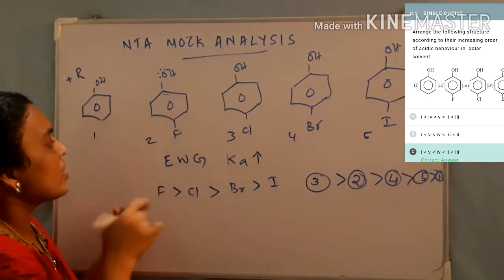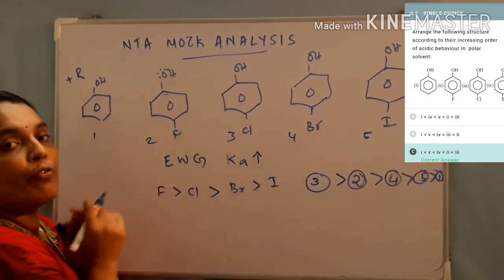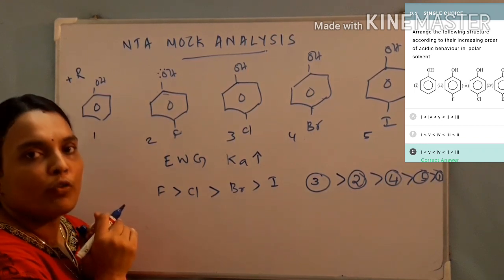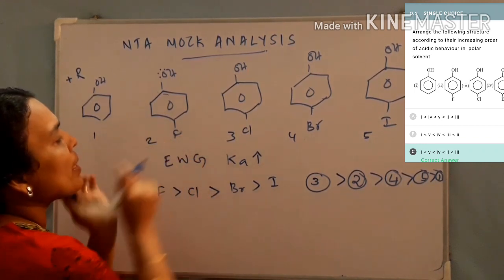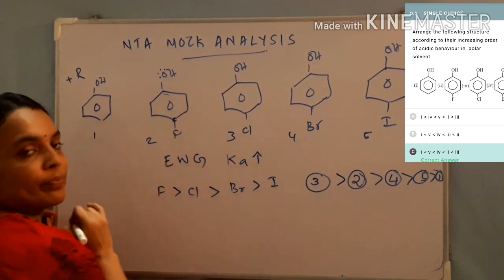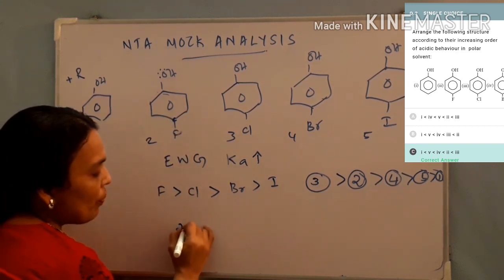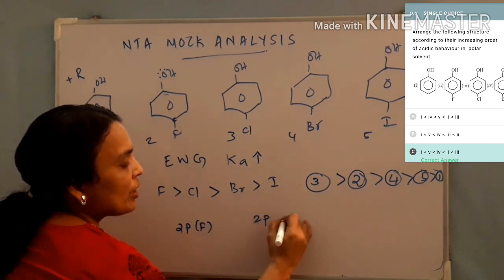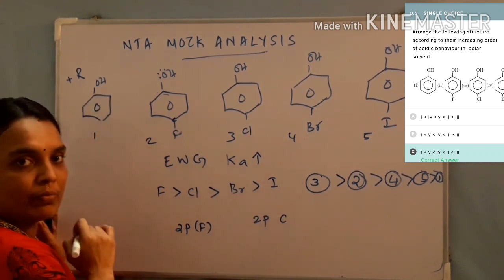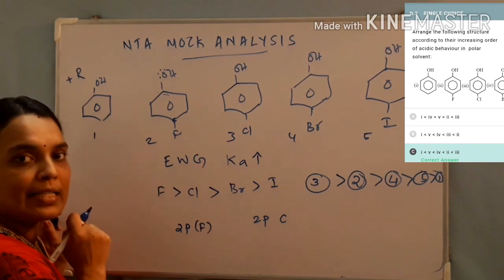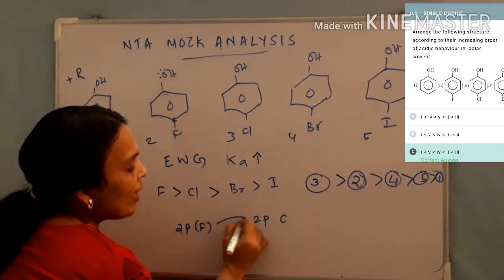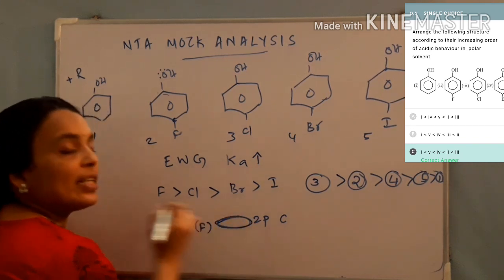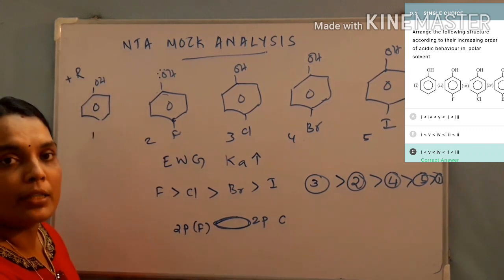That is because in the case of parafluorophenol, fluorine is present on this carbon atom. The 2p orbital of the fluorine atom and the 2p orbital of the carbon atom are similar in size, so there is an overlap between the fluorine atom and the carbon atom.